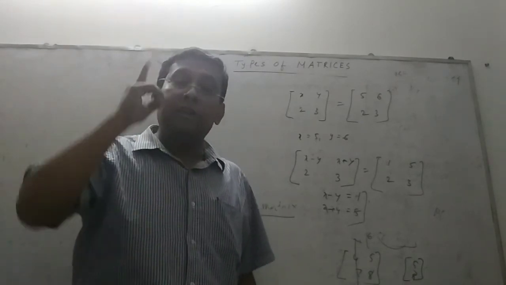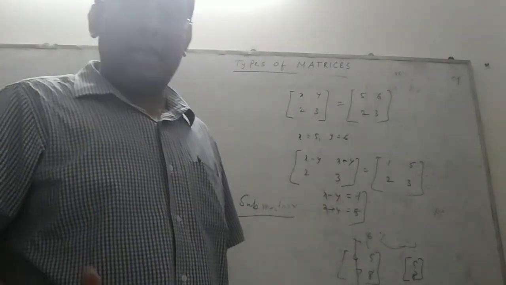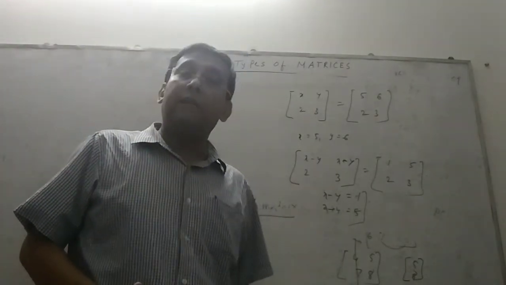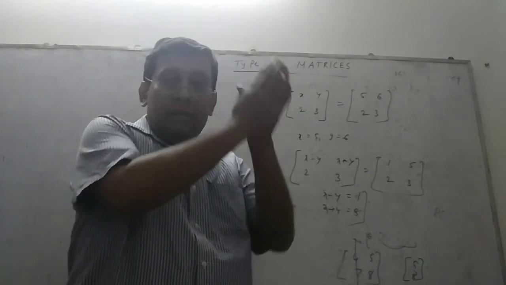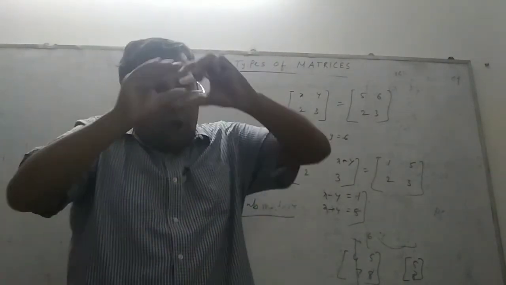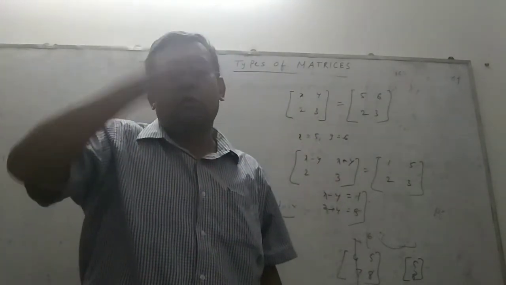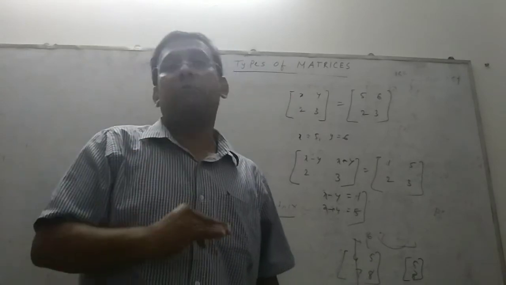We have also discussed the unit matrix, which is also very important. That is the scalar matrix where the diagonals are 1. So based on the diagonal elements, we have classified all these square matrices, and those are very important concepts.